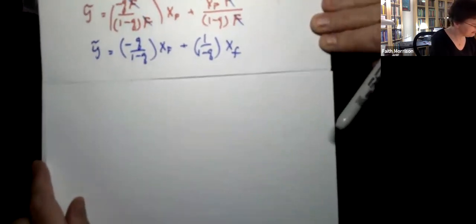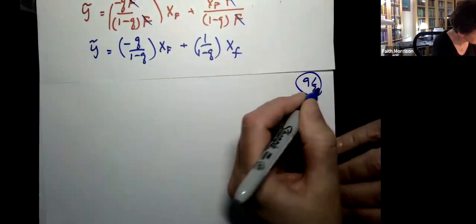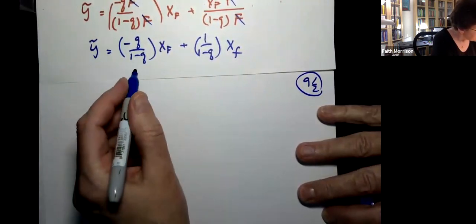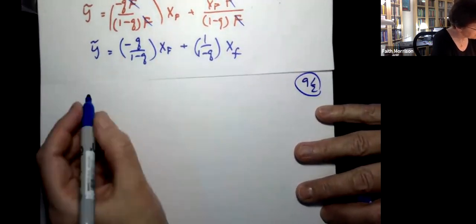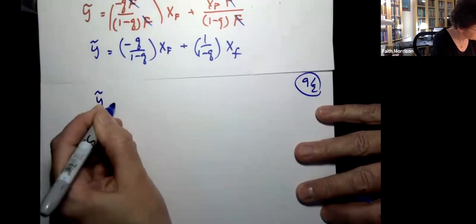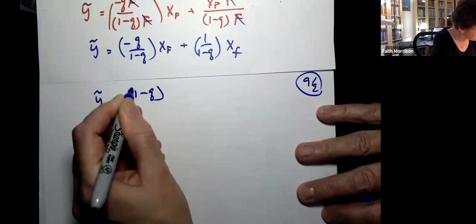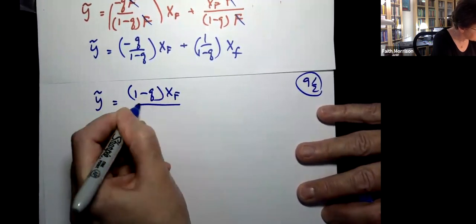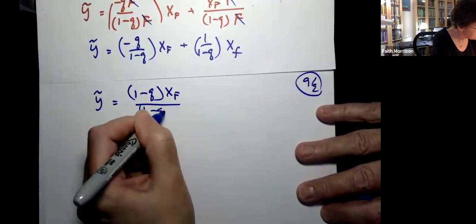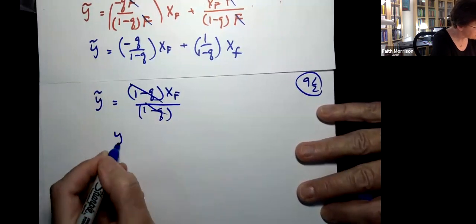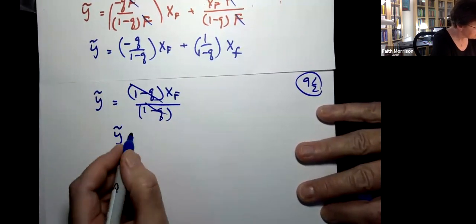And just a little bit of extra algebra there. What do we have here? We can just combine the numerators there. Y tilde equals 1 minus Q XF over 1 minus Q, or Y tilde equals XF.